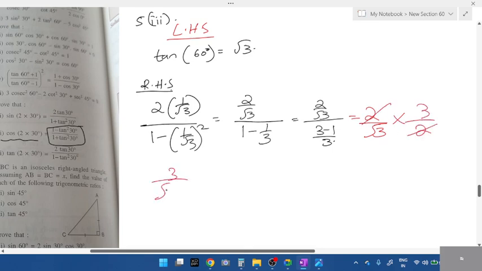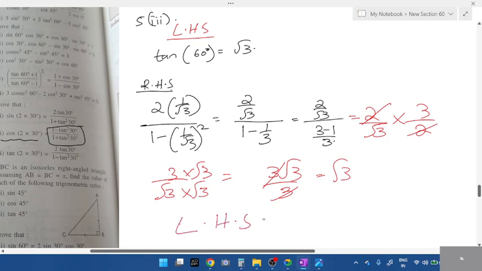You have 3 divided by root 3. Root 3 is an irrational number. Rationalize it. Root 3 into root 3. So you get 3 root 3 divided by 3. 3 and 3 get cancelled. The answer is root 3. Are both same? Left hand side is equal to right hand side. Got the answer? Okay, good. So we solved.